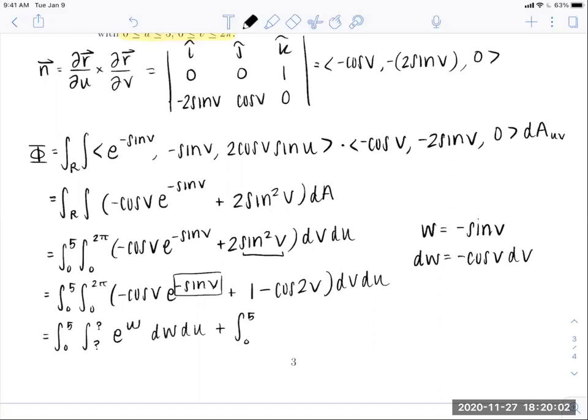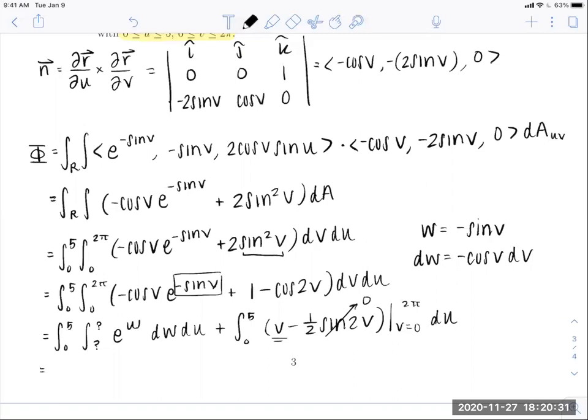So the integral of 1 with respect to v is v, and the integral of cosine 2v is 1/2 sine 2v. So this is where v is running from 0 to 2 pi du. So again, the sine function dies out at 0 and 2 pi. So the only thing that is going to remain here is going to be this 2 pi.